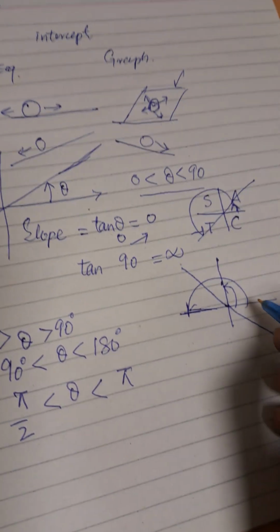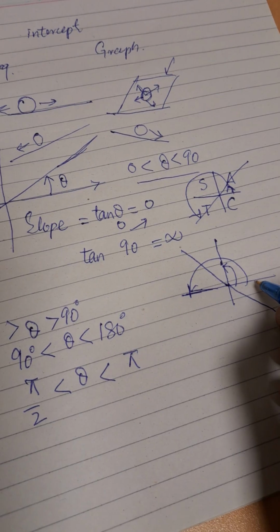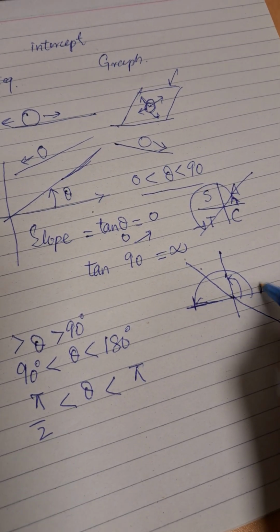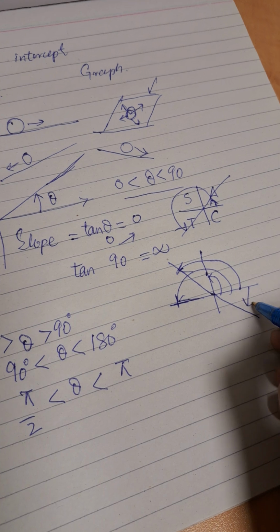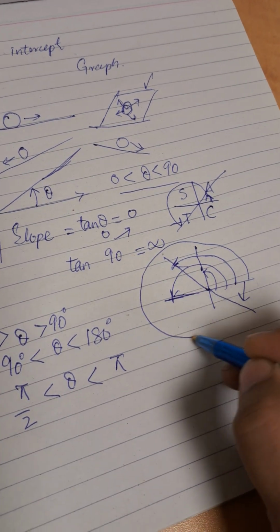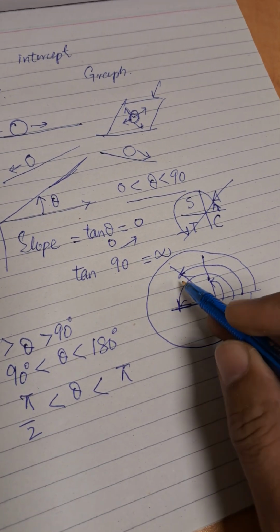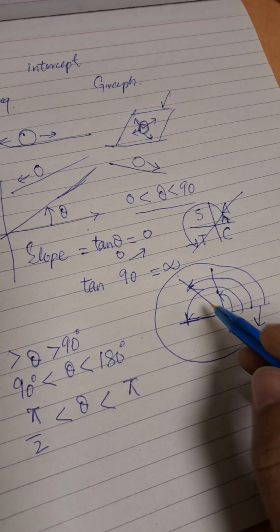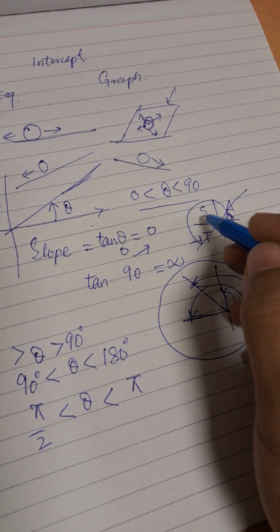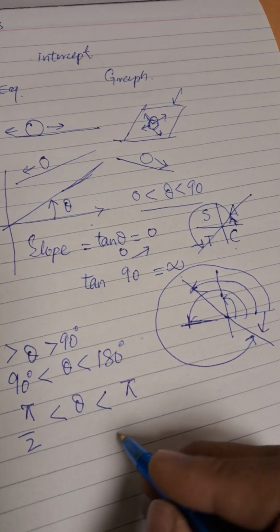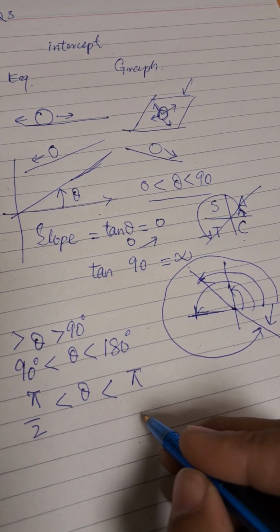Of course, we can write the same thing for this particular angle. It could be over here, or it could be over here, or it could be all the way from here. So in all these cases, it is either in the second quadrant or the fourth quadrant. In both these quadrants, tan is negative, so the slope would be negative.